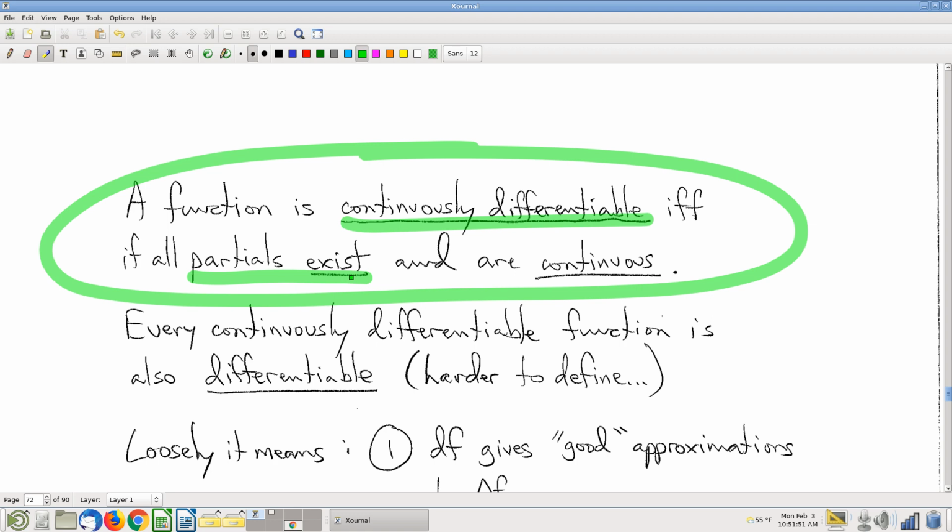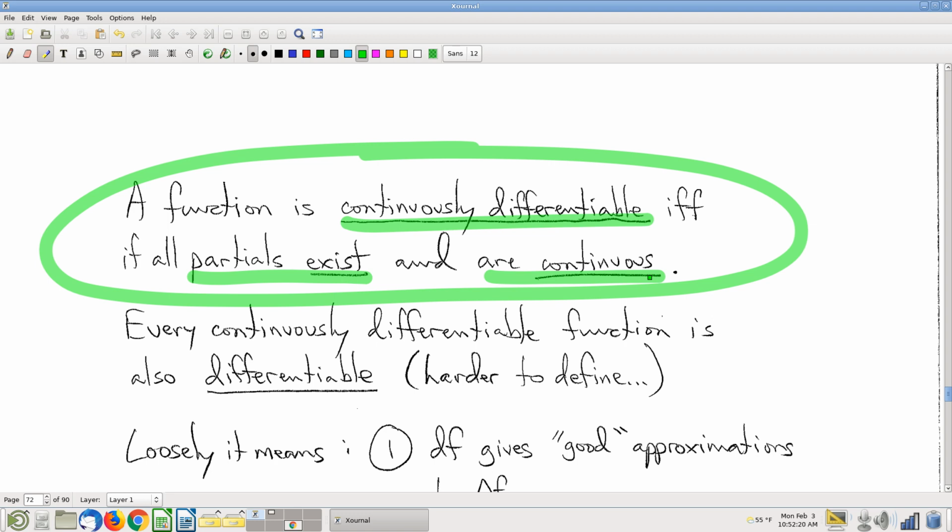That's the first thing. And furthermore, they have to all be continuous. So thus the name continuously differentiable. This definition is highly analogous to what it means in Calc 1 for a function to be continuously differentiable. It's differentiable, and the derivative is continuous. Exactly what you would expect.